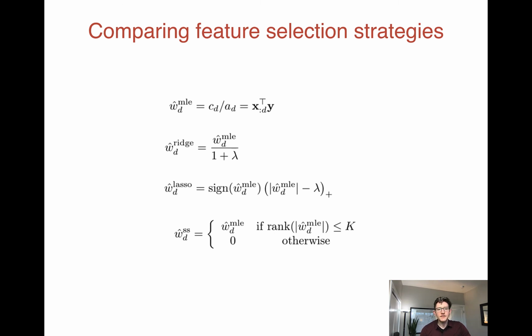One way to compare these different methods is to look at what they do to those weights. We didn't show this here, but it's not too hard to show that ridge regression, that is L2 regularized linear regression with a Gaussian prior, gives us this ratio: our MLE estimate divided by 1 plus lambda. So ridge regression is shrinking all of our parameters like this. By the way, one thing that's important to note is this is what happens to the updates.